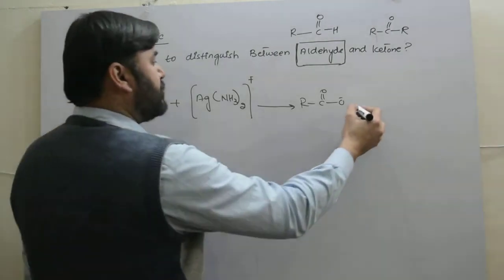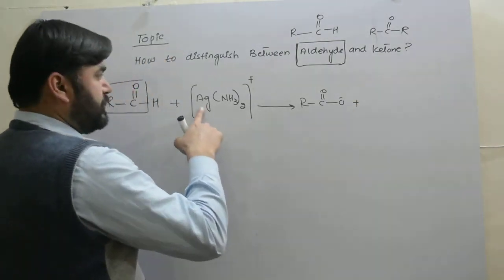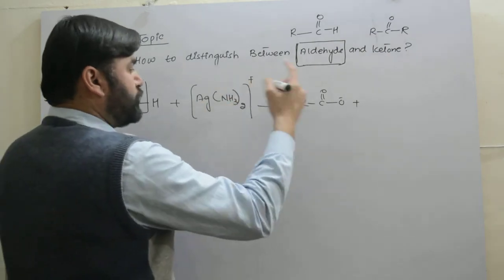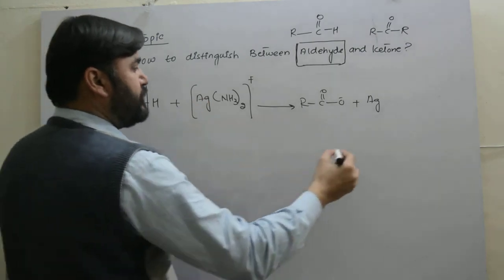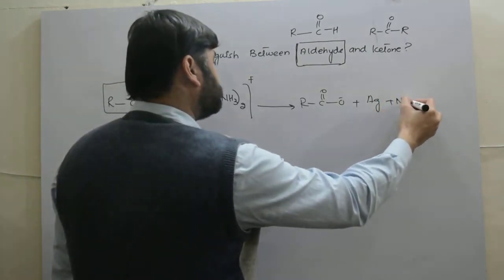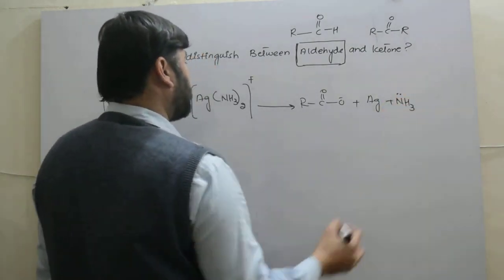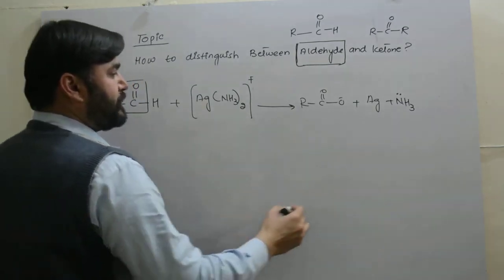Ag from +1 is reduced to Ag. Ammonia will also be removed and water will be formed.